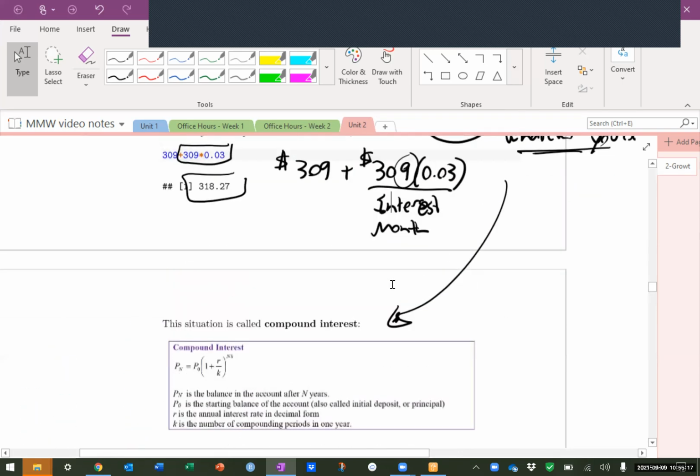In this formula, P naught is the original amount. R over K is like your interest rate per period that he is compounding, per period that you're getting more interest added.